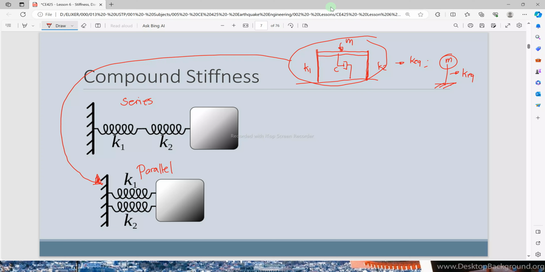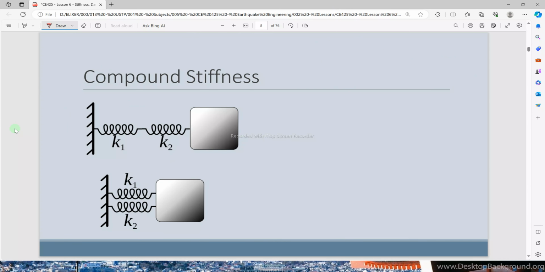What's the importance? It is because series and parallel lahi nga pamaagi pag-solve sa ilang equivalent stiffness and then sa ilang mga ratios and proportions sa ilang deflection. So in a series, again, no, this is the series and then this is a parallel.